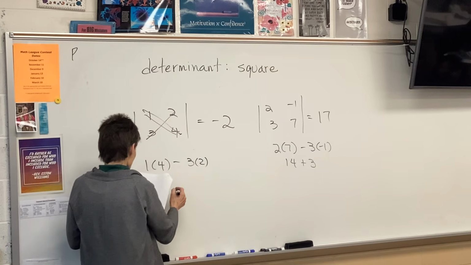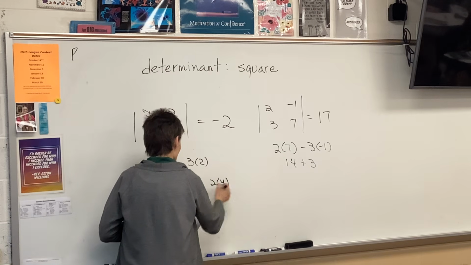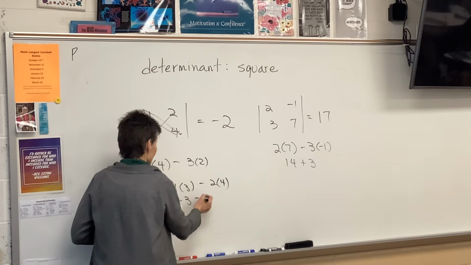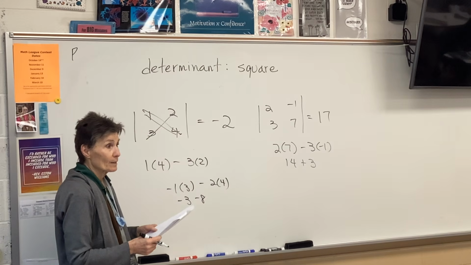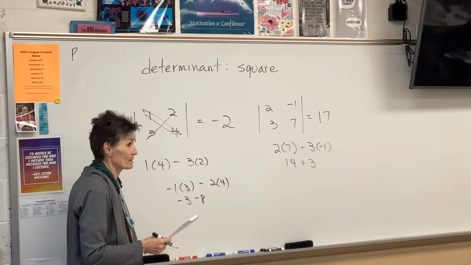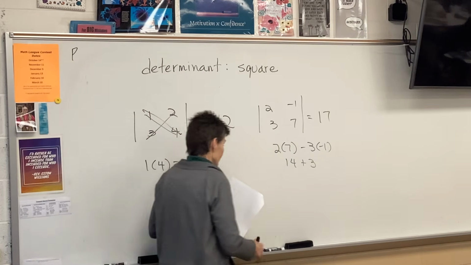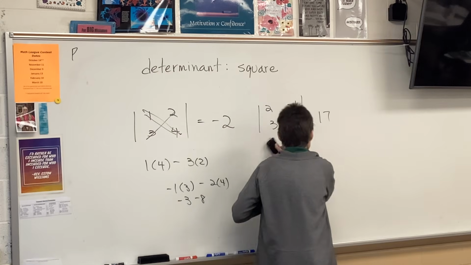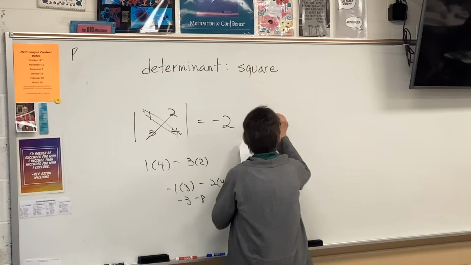So it's going to be negative 1 times 3 and 2 times 4, and we're going to subtract them. So negative 3 minus 8, so negative 11. Determinants only apply to square matrices. So B is a square matrix, but it's bigger. How do we do this?